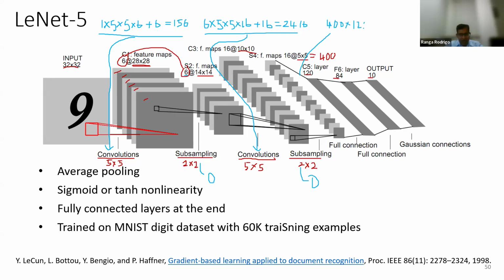Output node count is 120, so therefore you will have 120 biases. So how many parameters are there? Let me do that computation. 400 times 120 plus 120, so that is 48,120.